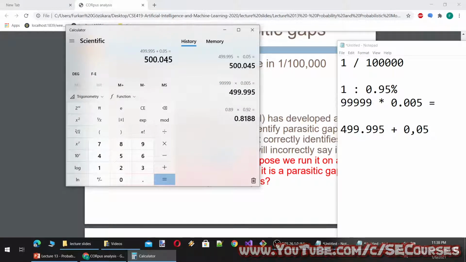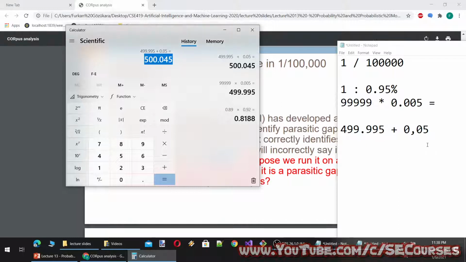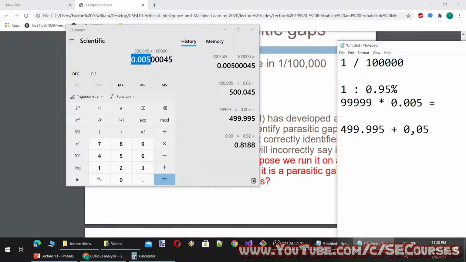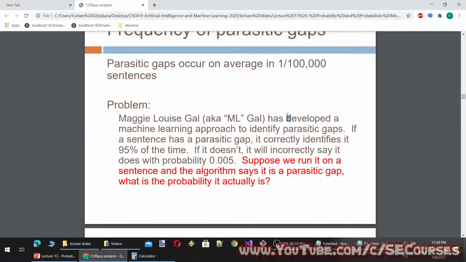So this many times out of 100,000 it will say incorrectly. So the probability of actually being correct is like this. However, I am not sure if we have calculated correctly.